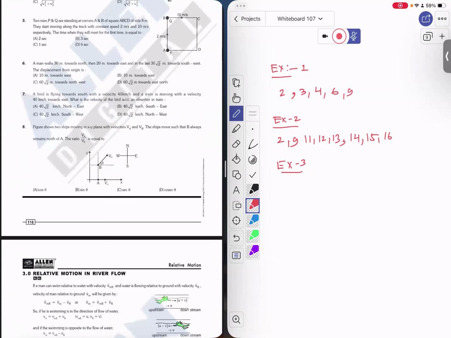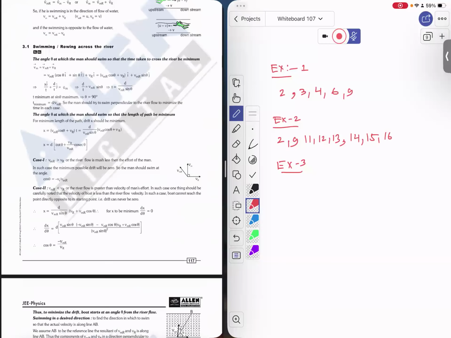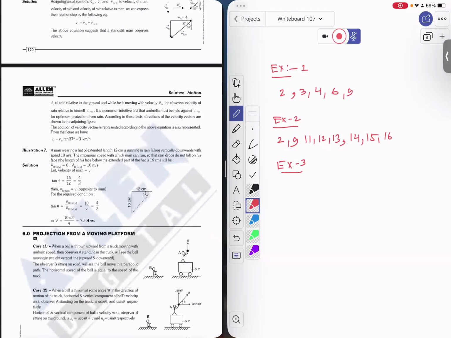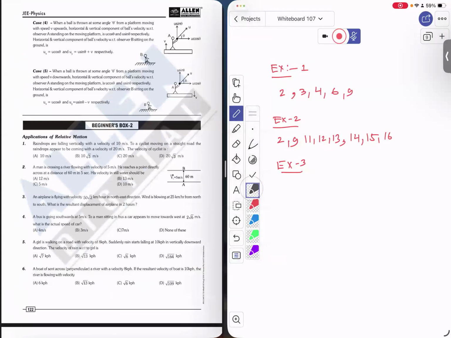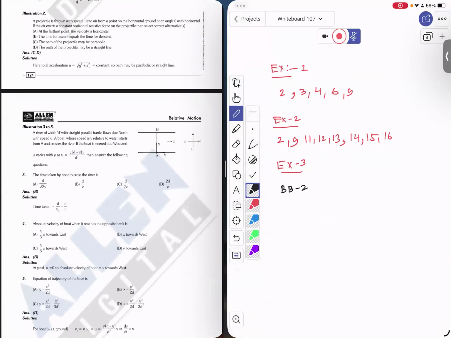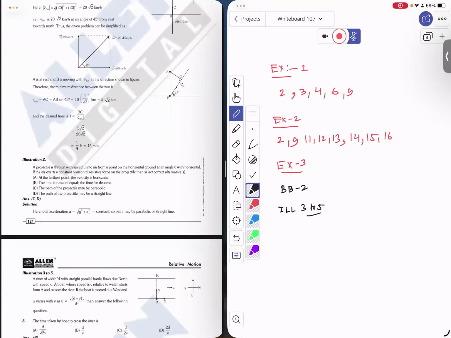See, Beginner Box 1, I have not done first. I have done Beginner Box 2 first. So in Beginner Box 2, questions are either rain-man problems or river-boat problems. So Beginner Box 2, all the questions. And check out illustration number 3 to 5.